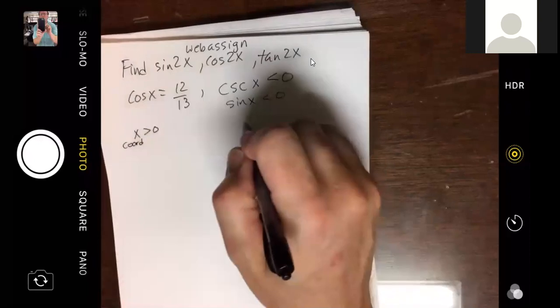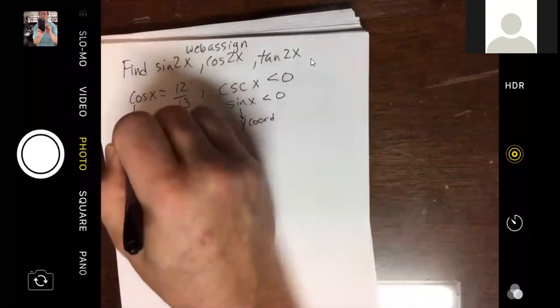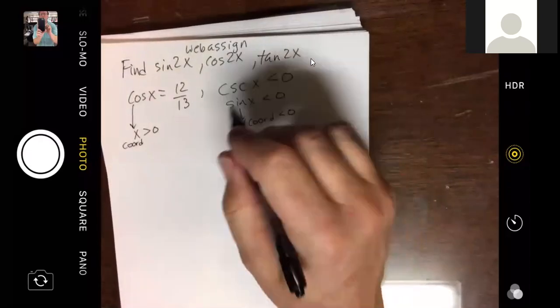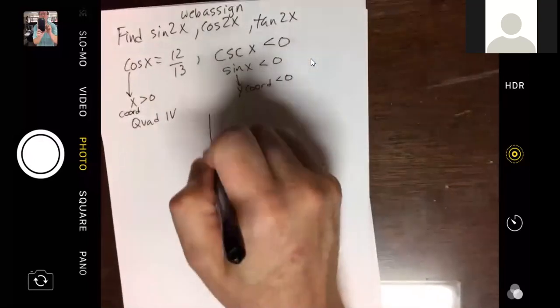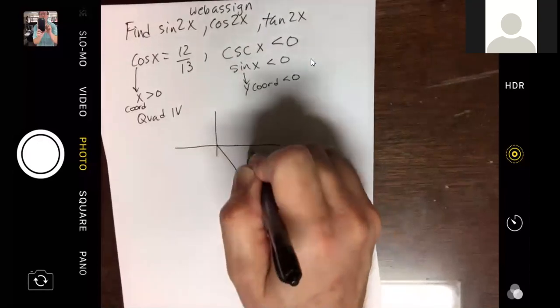Cosine of an angle means your x coordinate is positive, and sine is the y coordinate, less than 0. So your x is positive, but your y is negative. That's going to be quadrant 4.